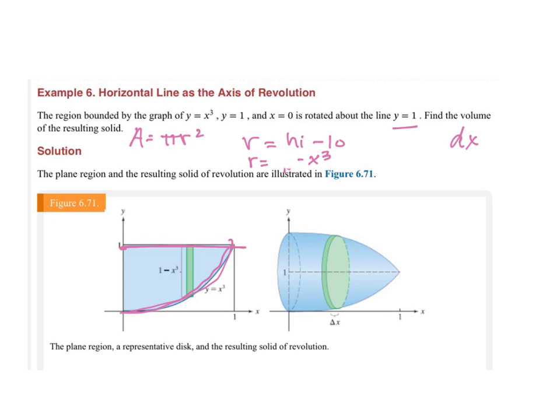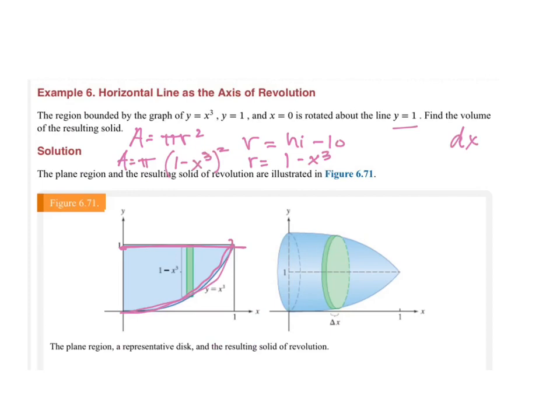I can't stand that one right there. Gotta fix it. So our area is going to be pi times, open parentheses, 1 minus x cubed, squared. Okay. I think I'm going to start on a new page with volume.